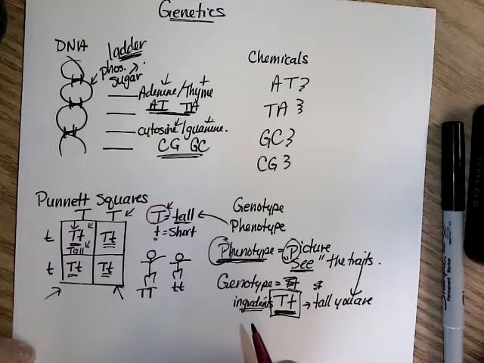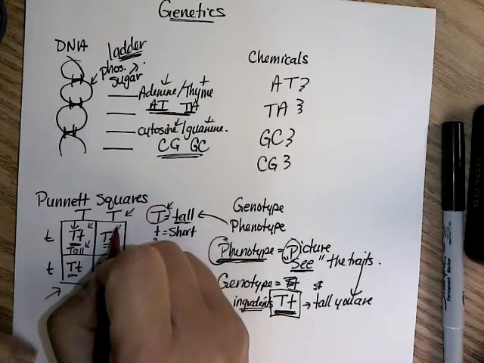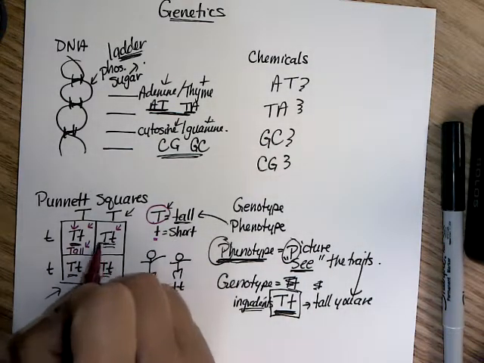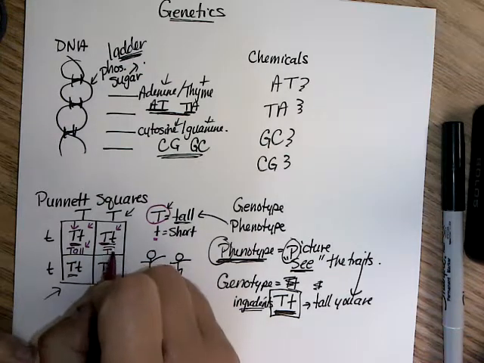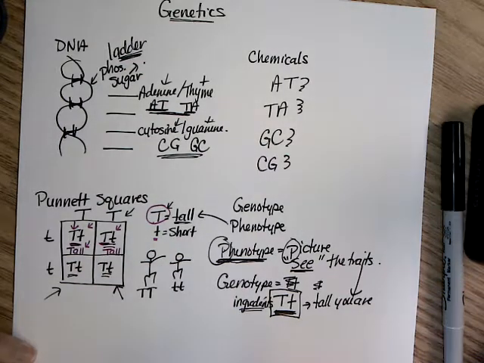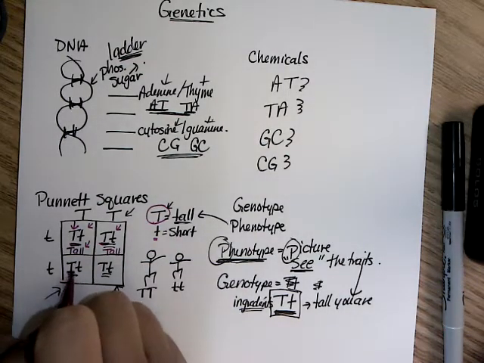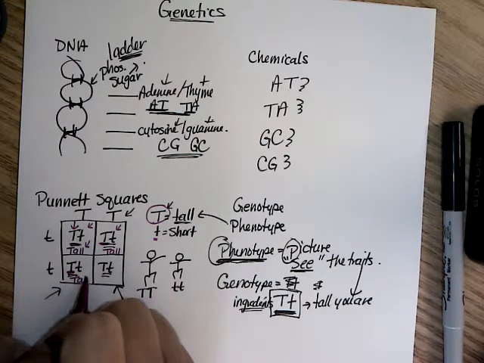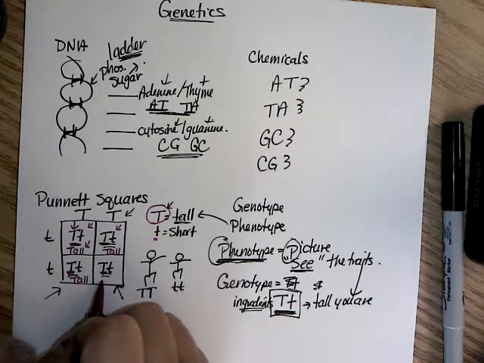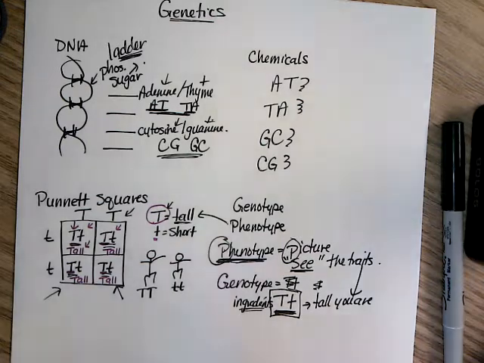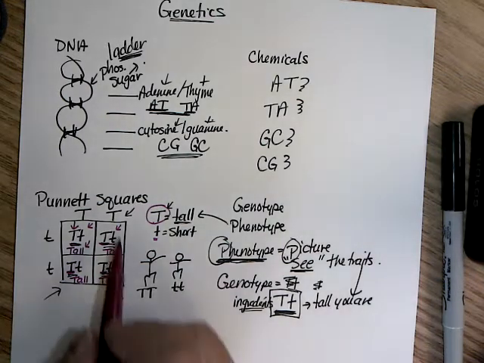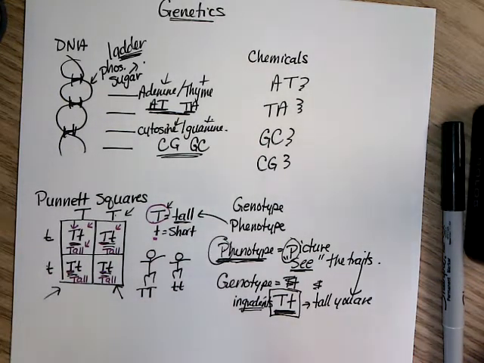Genotype. Let's look at this one. Genotype. Uh-oh, big T. This one's going to be tall. Let's look at this one. Uh-oh, big T again, tall. Big T again, tall. Now, it doesn't always work that way. Depends on what your combinations are. We'll do one more in a minute to practice.